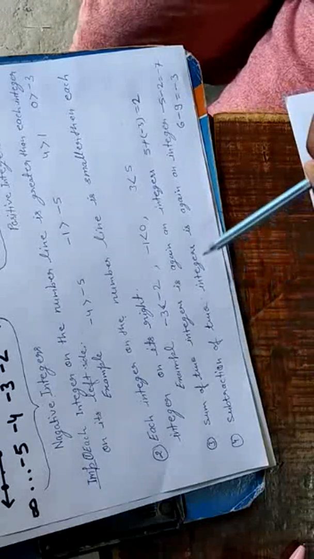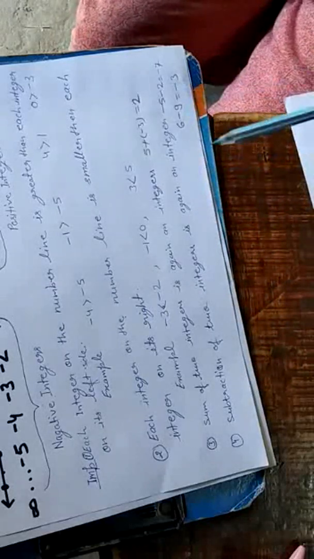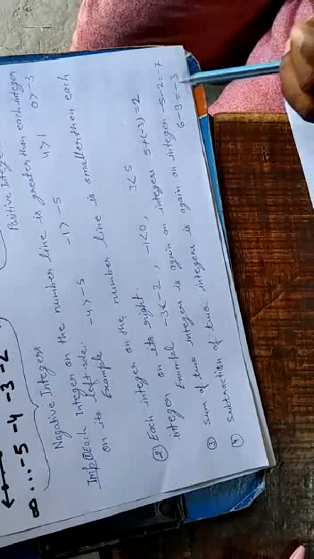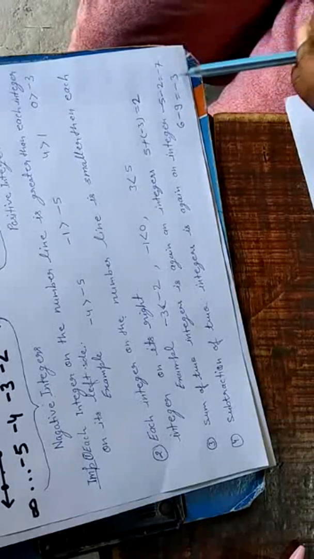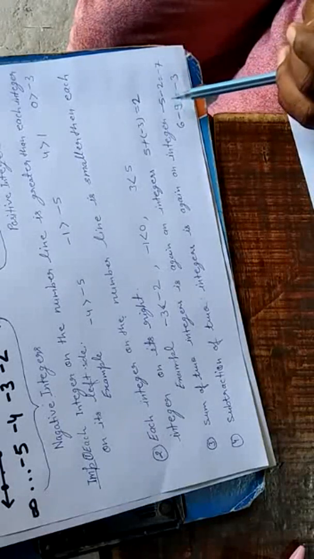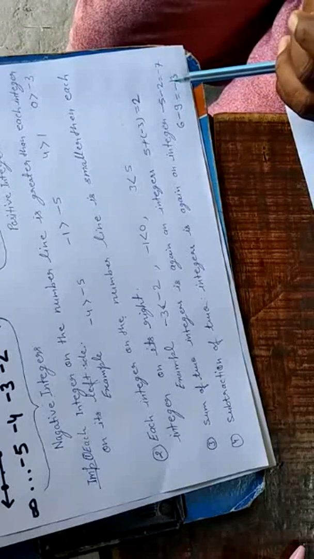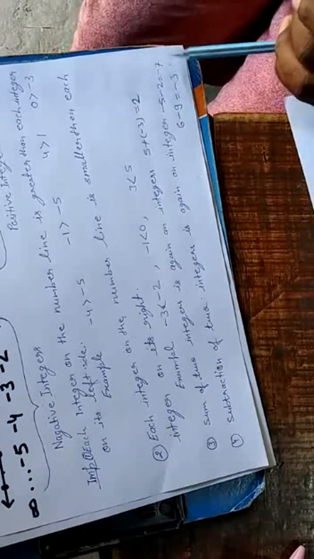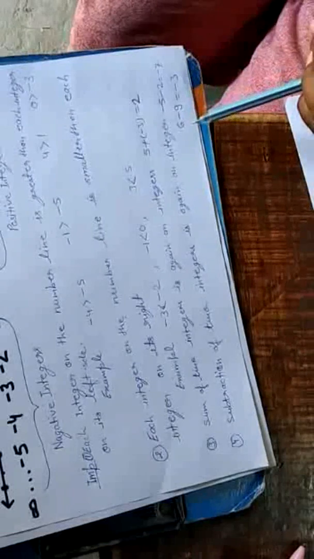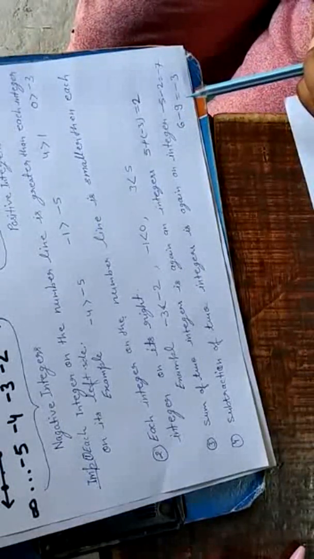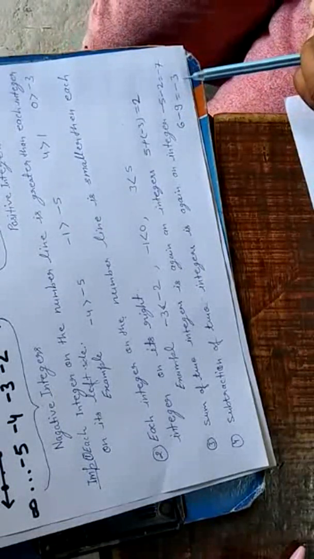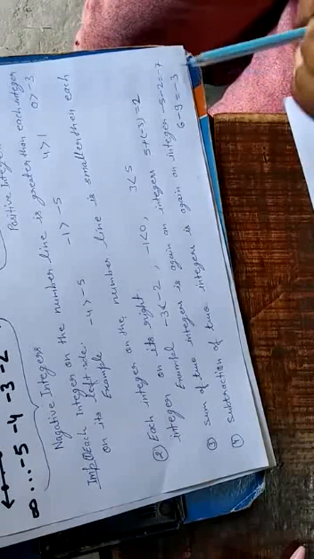Subtraction of two integers is again an integer. -5 - 2 is equal to -7. -5 is an integer, -2 is an integer, and -7 is also an integer. 6 - 9 is -3. So -3 is also an integer.